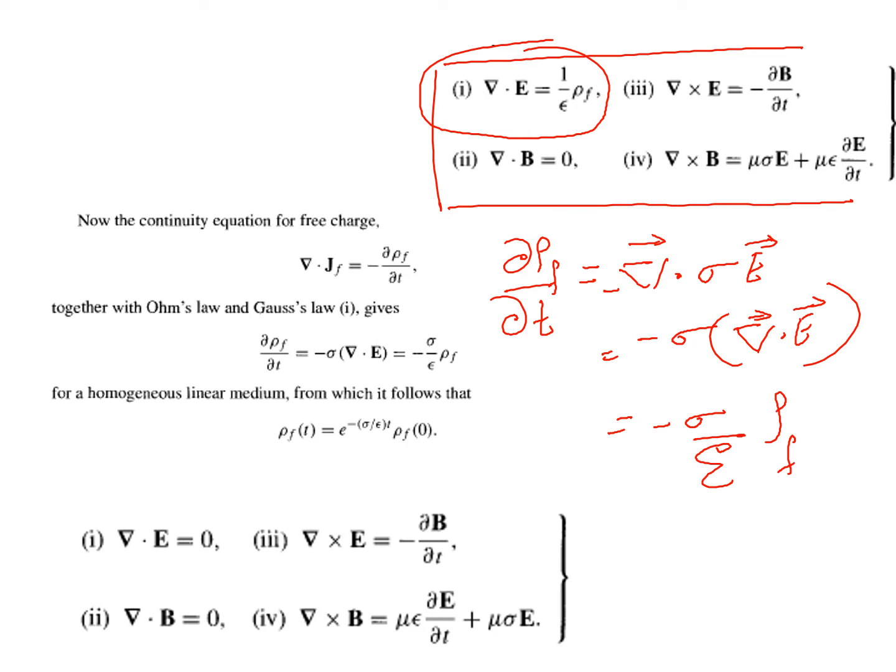For a homogeneous linear conducting medium, rho f at any time t is e to the power minus sigma by epsilon t times rho f of 0, where rho f of 0 is the initial free charge density and rho f of t is the charge density after a time t.